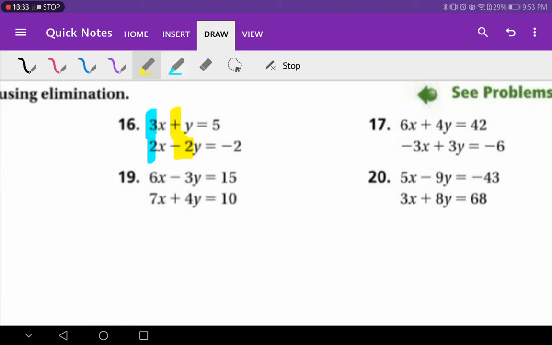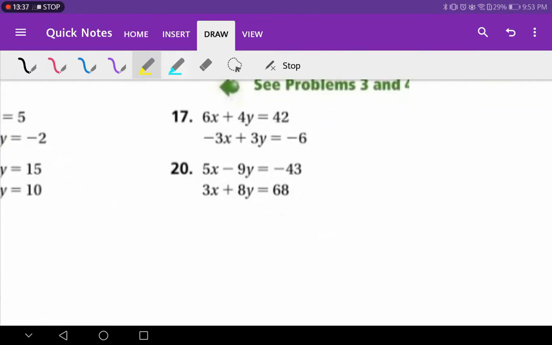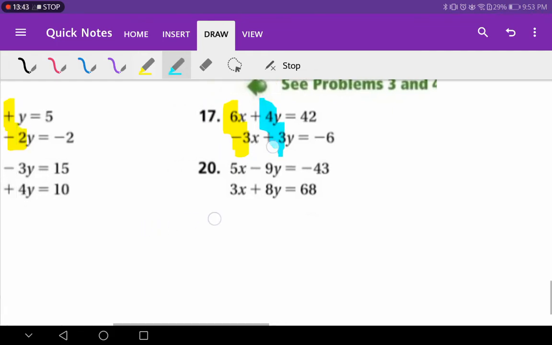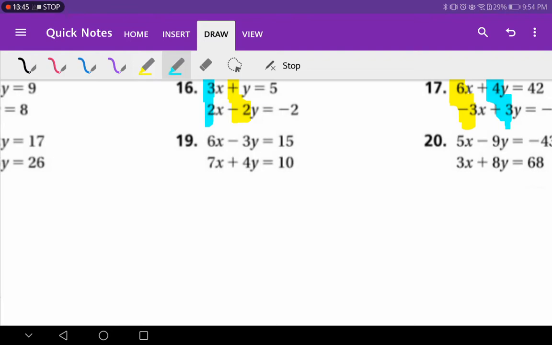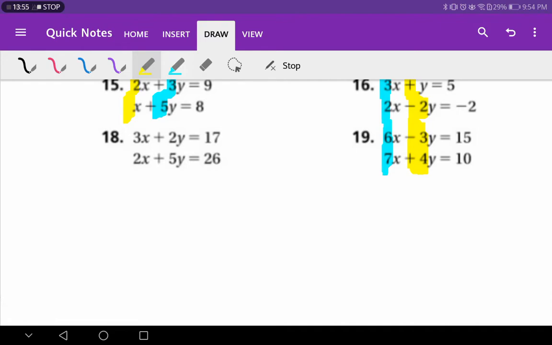I cannot add directly as I did before. Here also different, so we cannot add directly. Here different and different, different coefficients, different numbers. So I cannot add directly.